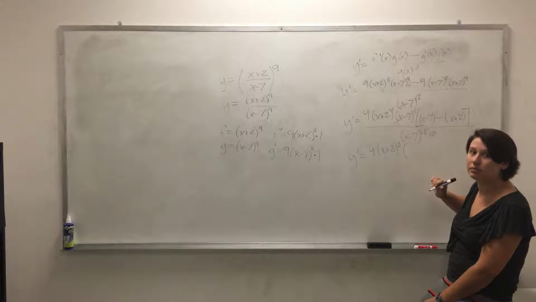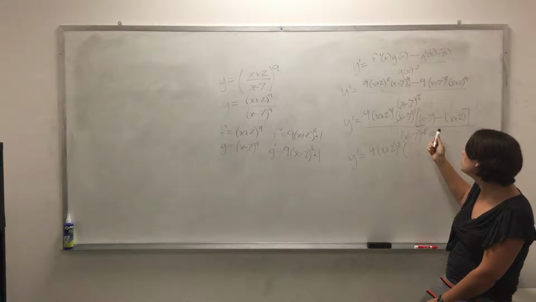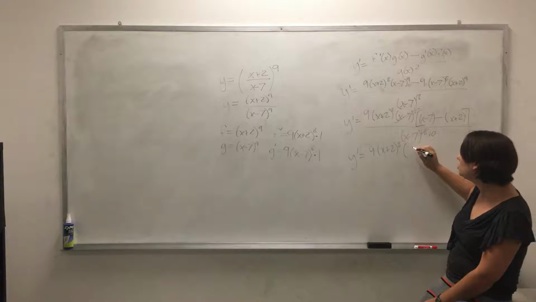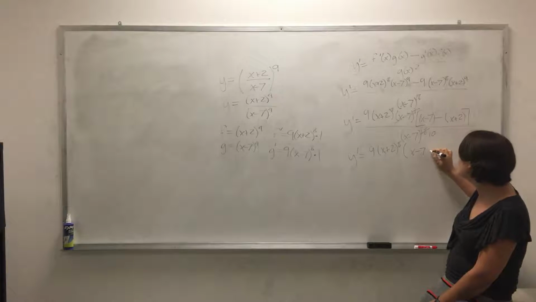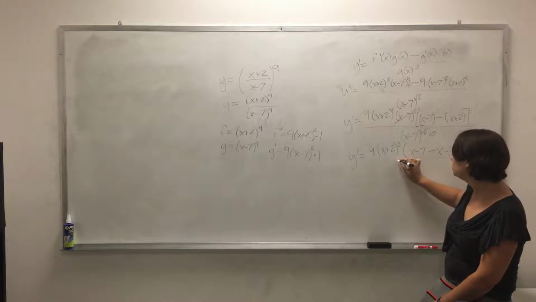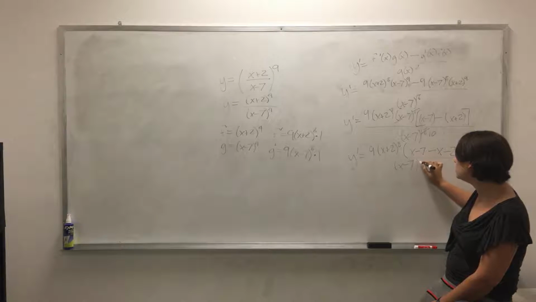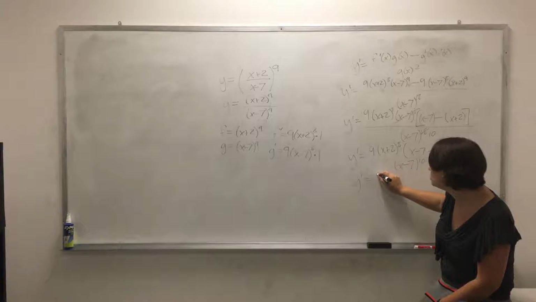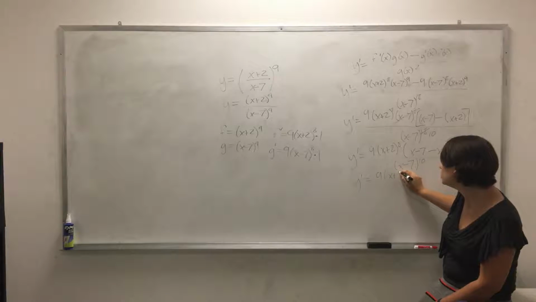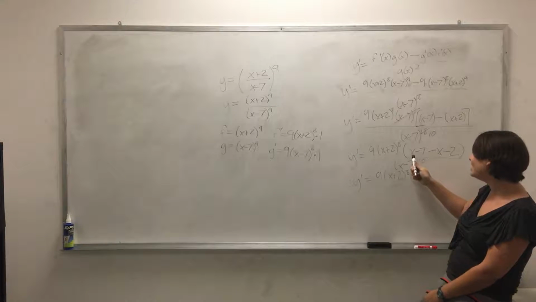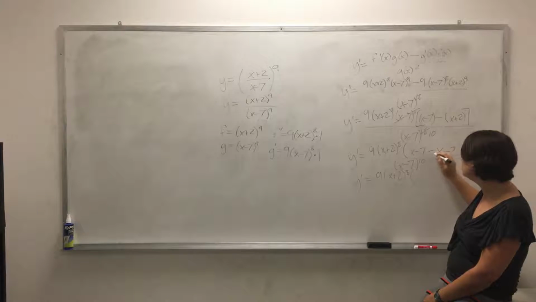So then, simplifying inside the brackets, we have x minus 7 minus (x plus 2), or just x minus 7 minus x minus 2, okay? Over (x minus 7) to the 10th. So y prime is equal to 9(x plus 2) to the 8th. Combining like terms, the x's cancel.